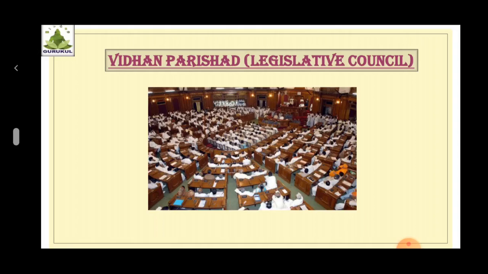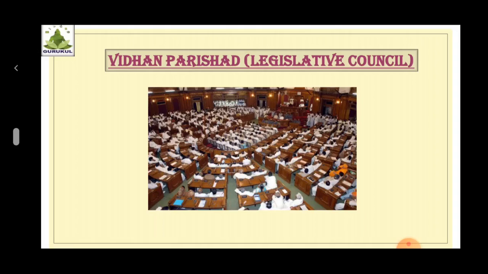Vidhan Parishad or Legislative Council. It is the second house of the Maharashtra legislature, and members are indirectly elected from various sections of society. There are 78 members in the Vidhan Parishad of Maharashtra.